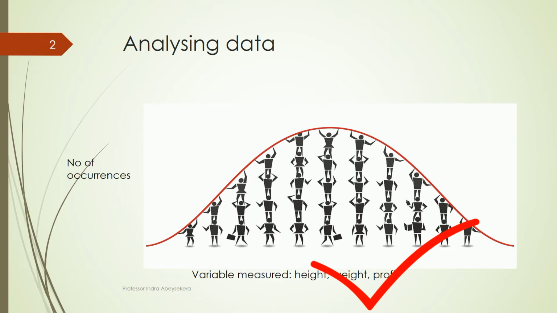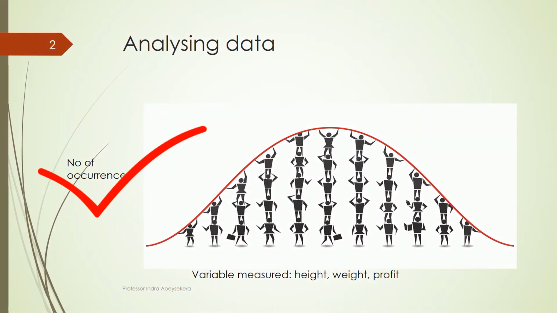When we stack that information against a variable that keeps changing against the number of occurrences, and draw it as a graph with the variable on the x-axis and the number of occurrences on the y-axis, what we see is something like a bell-shaped curve.